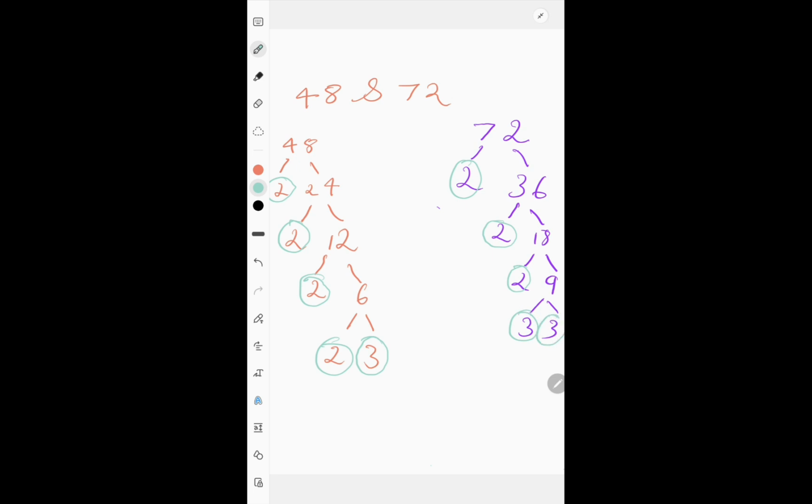And we are done with the prime factorization of 72. We can't break that down any further.